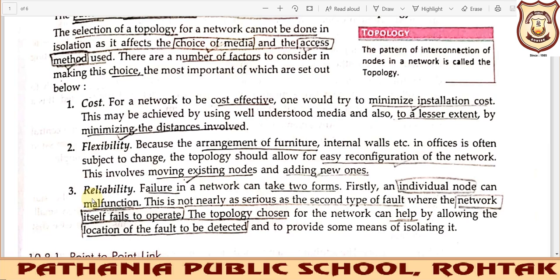So our topology should help in fault detection and isolation, finding the fault and isolating that particular computer from the network in minimum time and at minimum cost. If we adopt such a topology, then we will not be facing any problems.